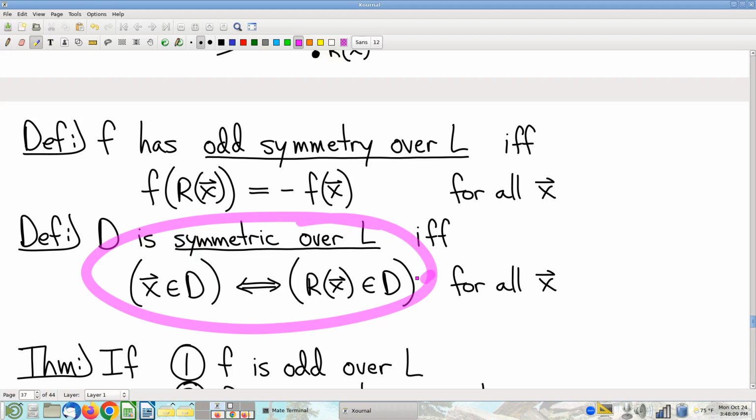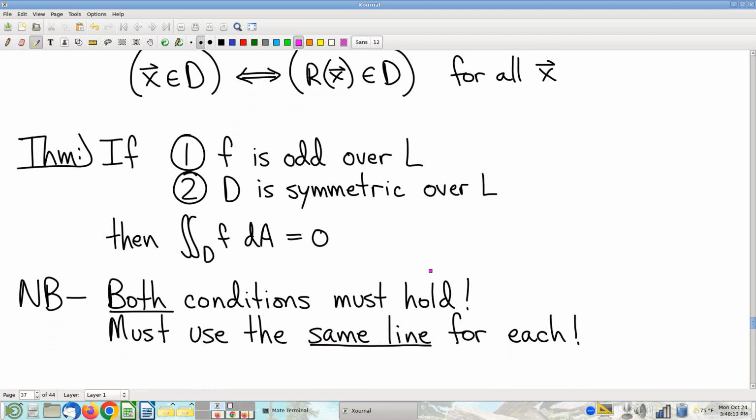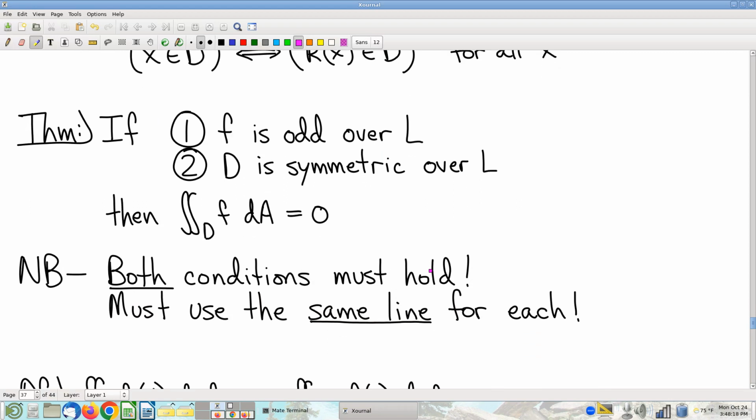And with this set up, again, a complete analogy with the single variable result. Here's our new theorem that I'm going to show you how to prove. But here's the theorem. If you have an odd function integrated over a symmetric domain, your integral is 0. And this is a really nice theorem to have. You'd be surprised how often it is that you end up with integrals over symmetric domains with odd integrands.